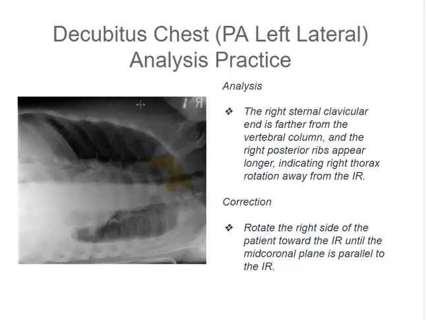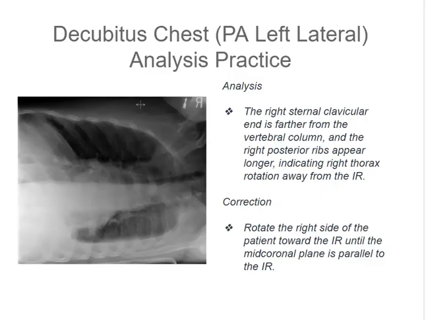So that should indicate to you that there is some rotation here. In this case, the right sternoclavicular end is further from the vertebral column, and the right posterior ribs appear to be elongated. This should indicate to you that in the PA projection, the right thorax is positioned further away in the IR.